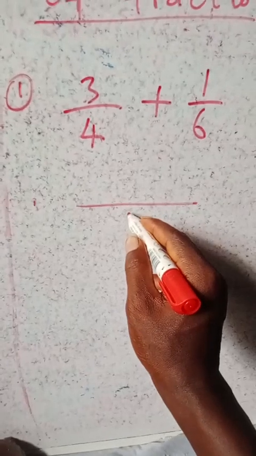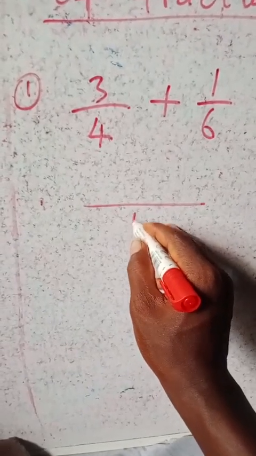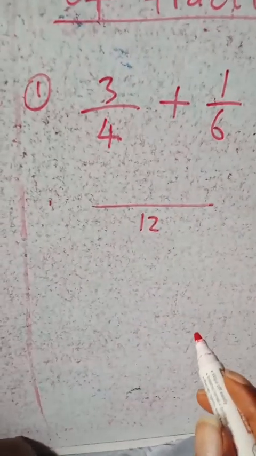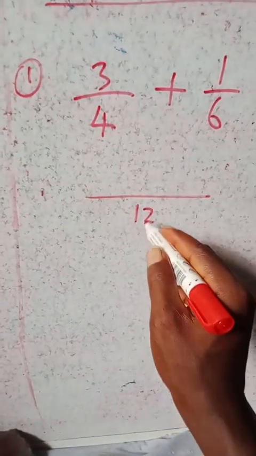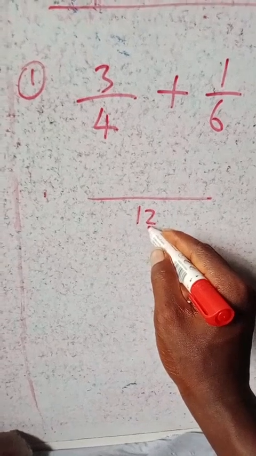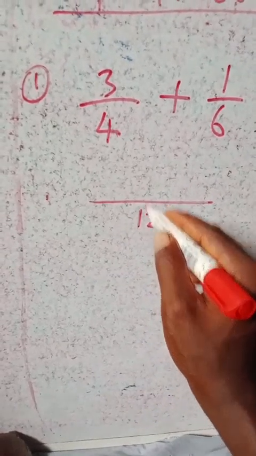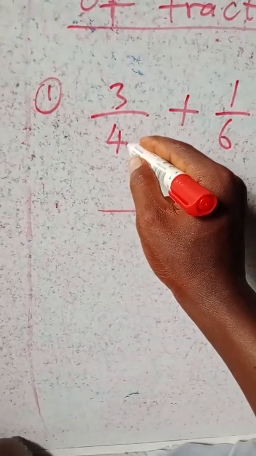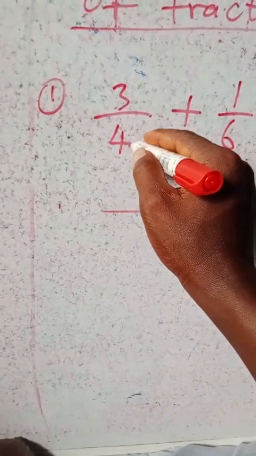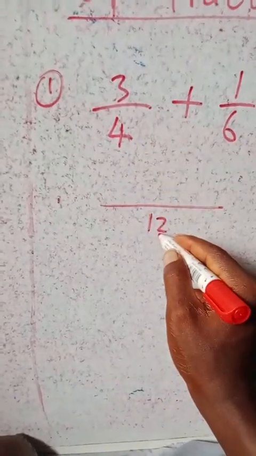The LCM is 12, so you write 12 under the line. Then the next thing you do is this. You use the LCM, which is 12, to divide 4. You say the LCM divided by 4. So the LCM is 12.